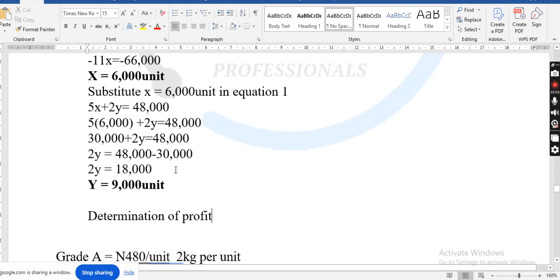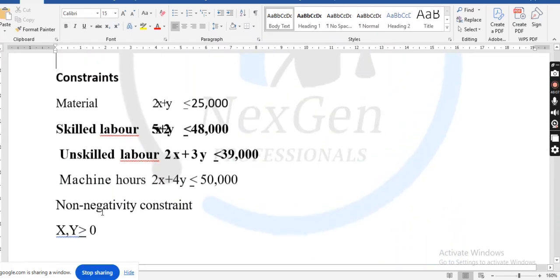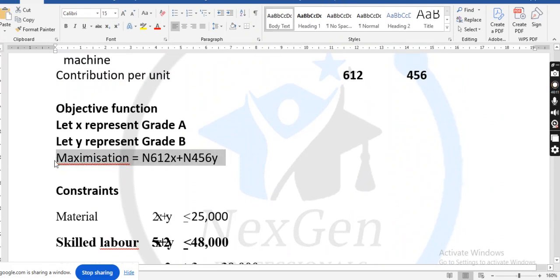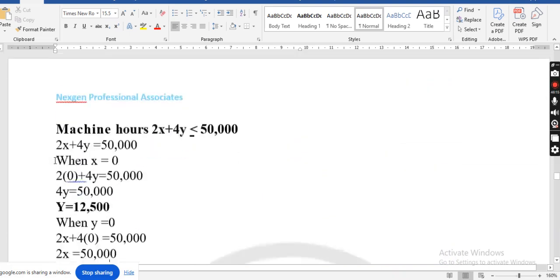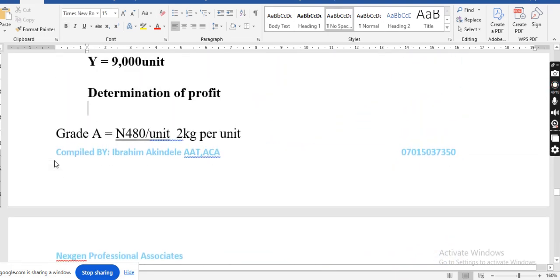Don't forget, we already have maximization, which is our contribution. We already have our maximization from the first scenario. Don't forget, 612 is our contribution, and 465 is also a contribution. So pay attention.